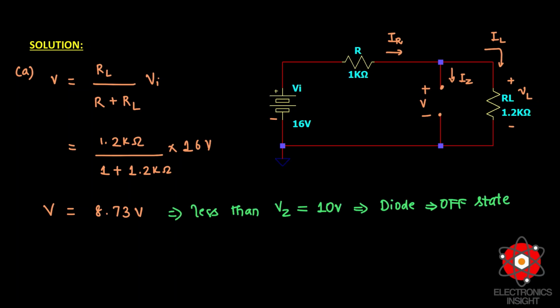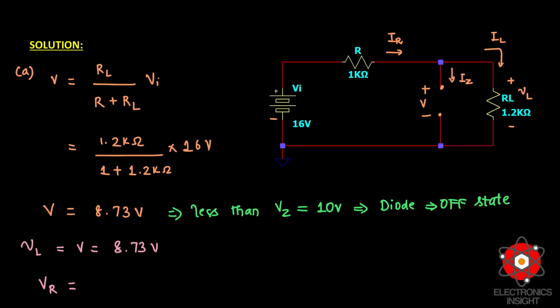Since the open circuit voltage is less than the Zener voltage of 10 volts, we can say that the diode is completely in the off state, and the load voltage across the resistance RL will be exactly equal to the open circuit voltage. Therefore VL will be equal to V, which is equal to 8.73 volts. The remaining part is to calculate VR, which is the voltage across the resistance R equal to 1 kilo ohm.